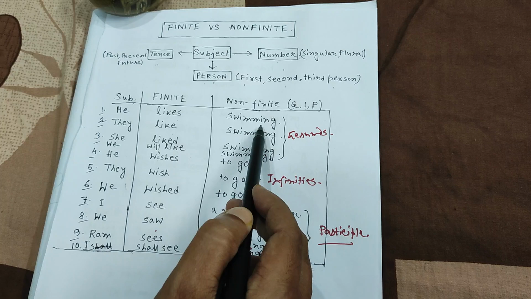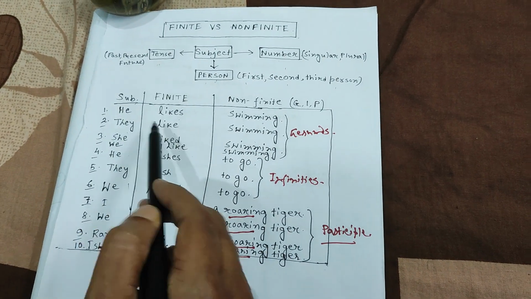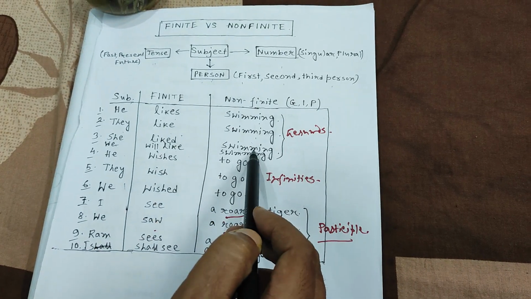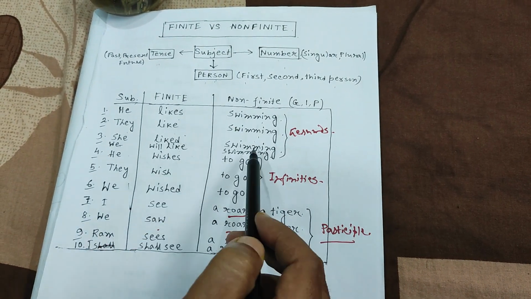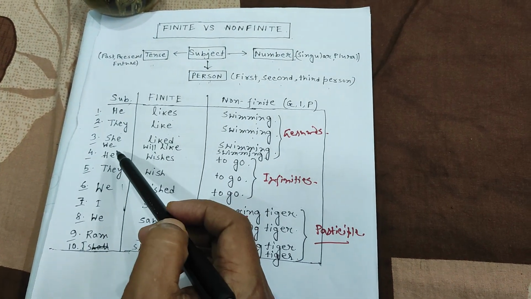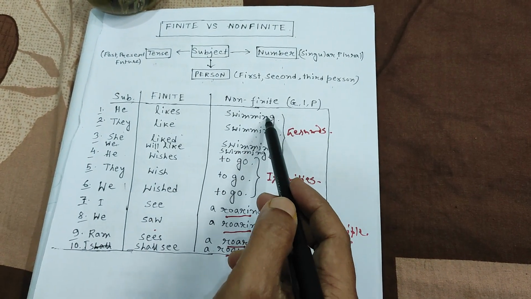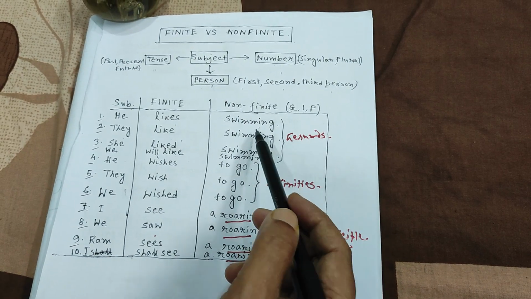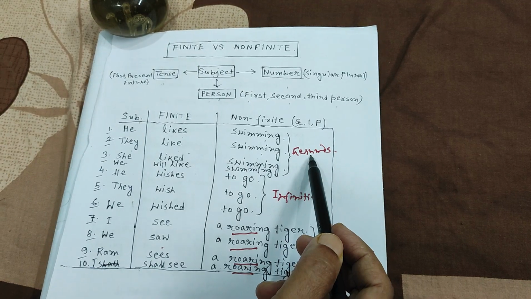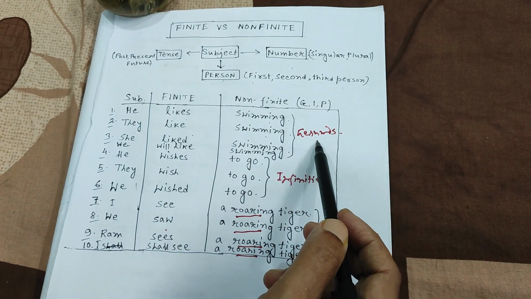He likes swimming. They like swimming. She liked swimming. We will like swimming. So you can see very well, all the gerunds here, swimming is nothing but gerunds. So four gerunds are here.